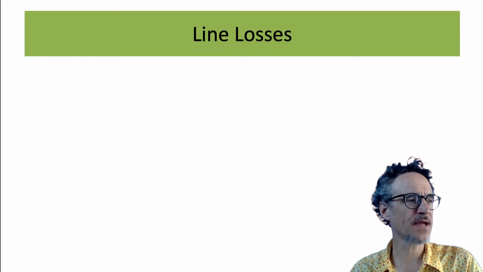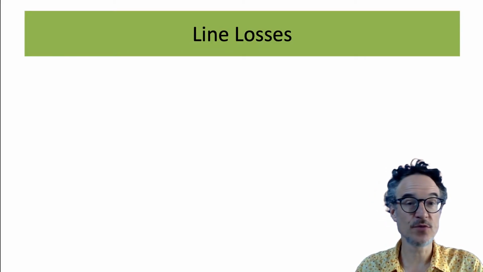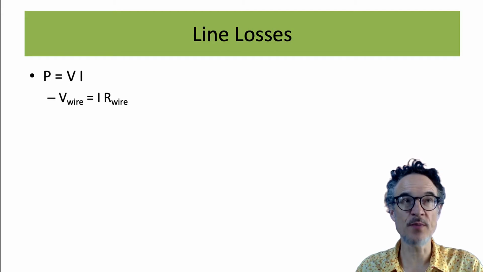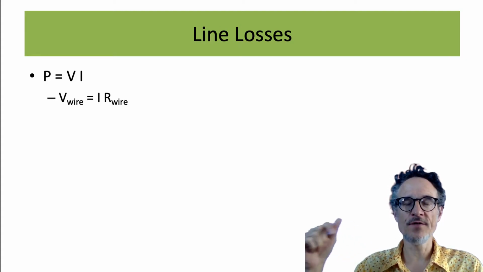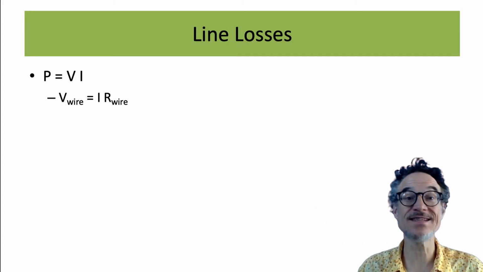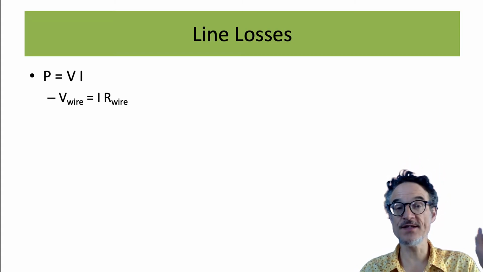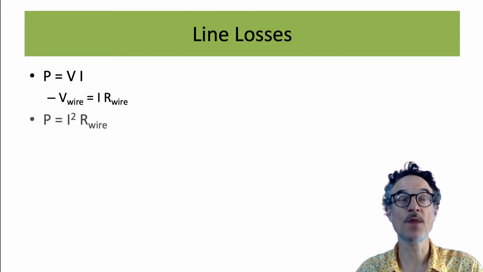And the next thing to think about then is line losses. Sorry to give you a few more equations. You remember power is voltage times current. Now, the voltage is going through wire, and the wire has a resistance. Hopefully this is a low resistance, but there's still a resistance there.